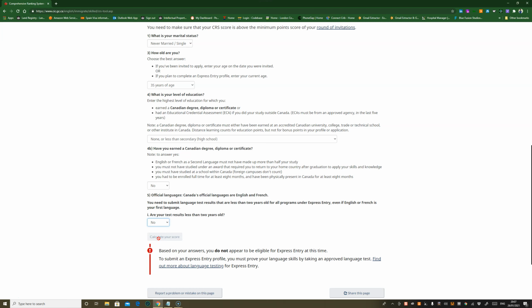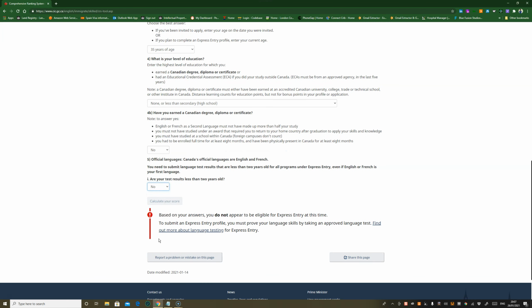Immediately you say no in the language, you can't continue, because the first requirement for you is to have a language requirement. You must have language requirements. If you do not have a language requirement, if you don't have IELTS, no way of even knowing your comprehensive ranking score. You can never know that.